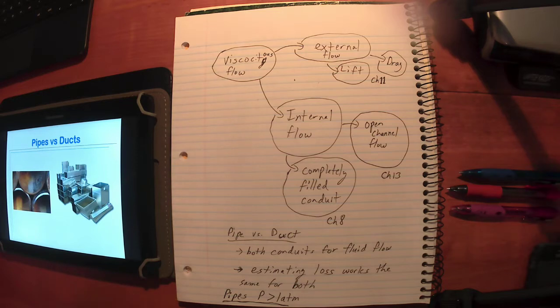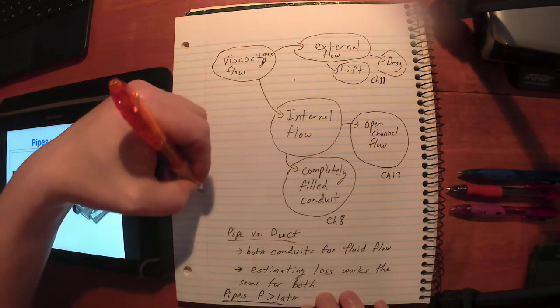So for our purposes, again, it's not really too big a difference. Pipes need to be circular because typically the pressure is going to be greater than an atmosphere.